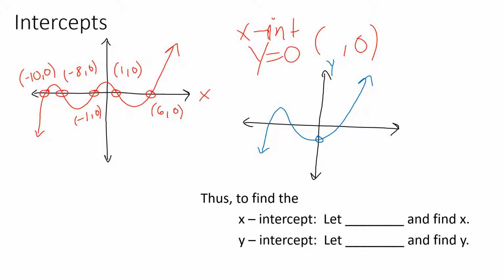So maybe let me draw another graph on there, and again, this graph that I just randomly drew only has one y-intercept as well, but let's look at both of those y-intercepts. The first y-intercept looks like it might be over 0, down 2 maybe.